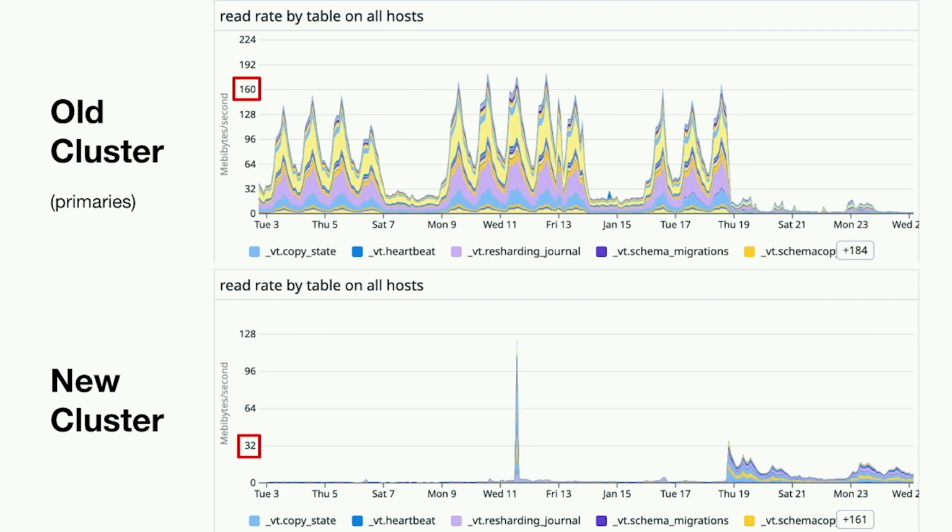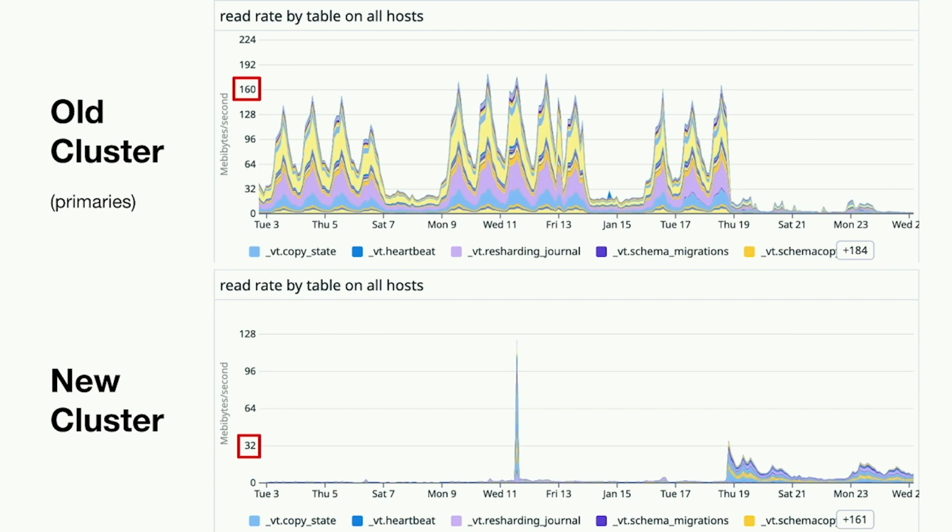So this is the read rate from disk across the primary on the old cluster and across all of the primaries on the new cluster. So this at the bottom is a sum of all the primary data read rates. And what you can see here at the top is that on the old cluster, we were peaking at over 160 megabytes per second being read from disk.